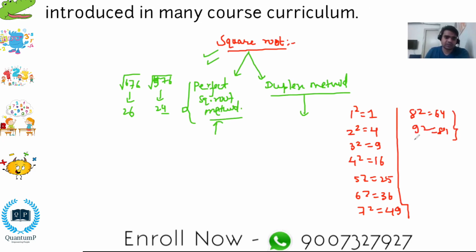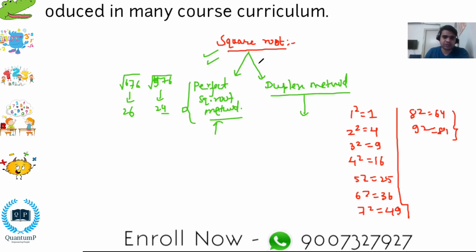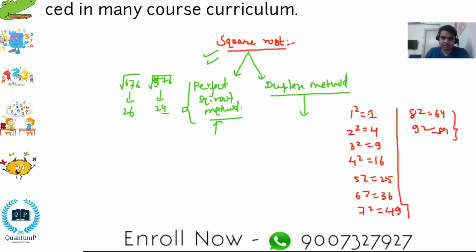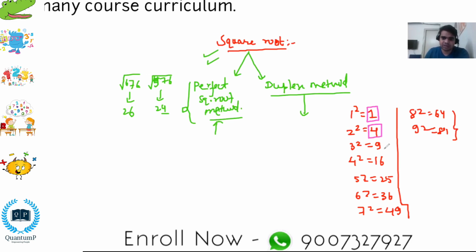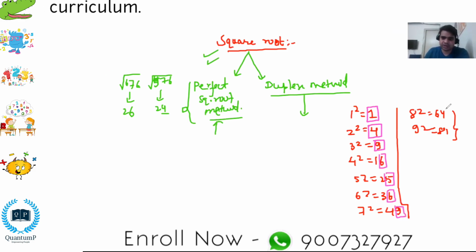Because we have to use the last digit: 1, 4, 9, 6, 5, 6, 9, then 4 and 1. These are the numbers we are choosing.